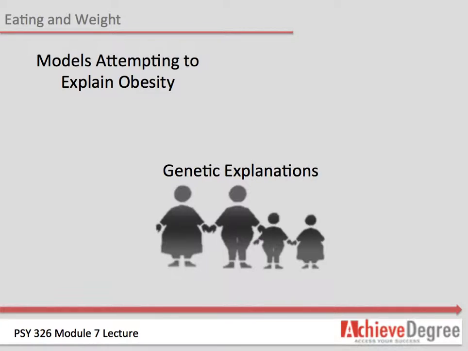Obesity runs in families. Monozygotic twins are similar in terms of BMI, regardless of whether they were raised together, and more similar than dizygotic same-sex twins. Adopted children's weight is more similar to biological parents than to adoptive parents. However, eating patterns are also shared in families.